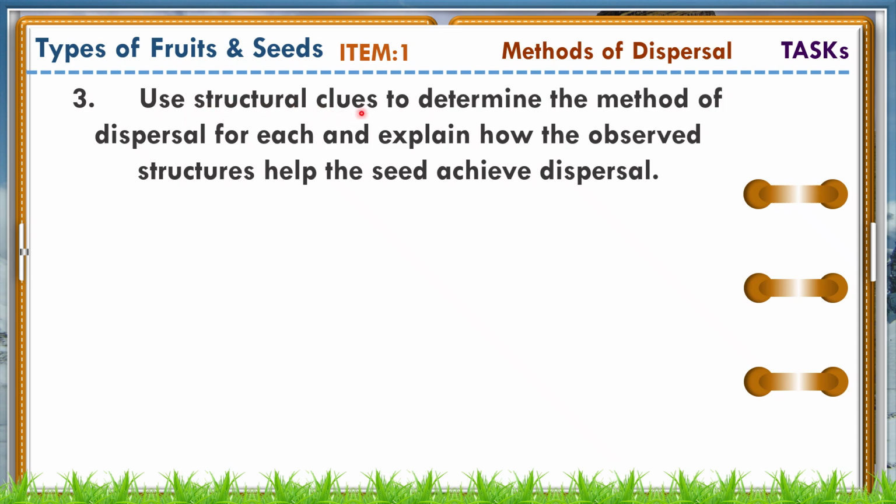Use structure clues to determine the method of dispersal for each, and explain how the observed structures help the seed achieve dispersal.